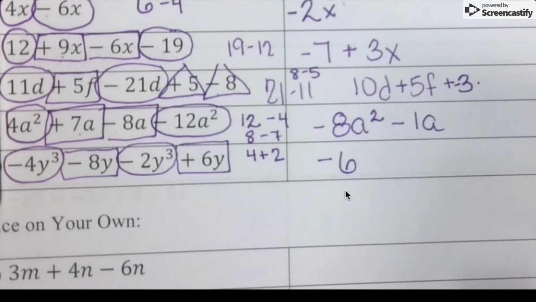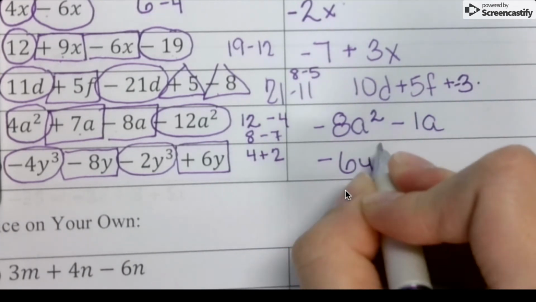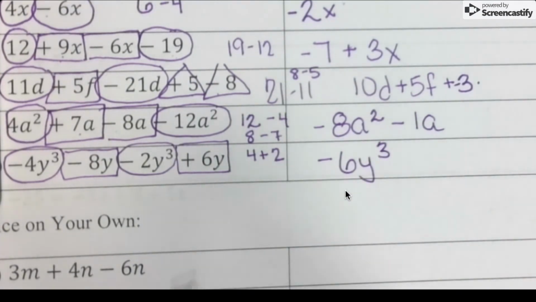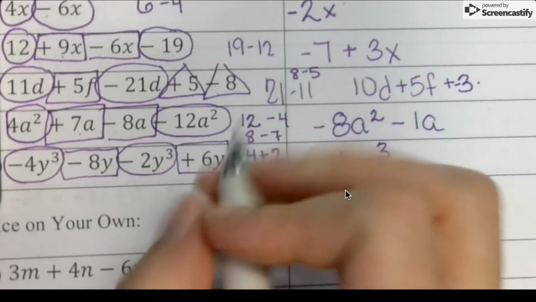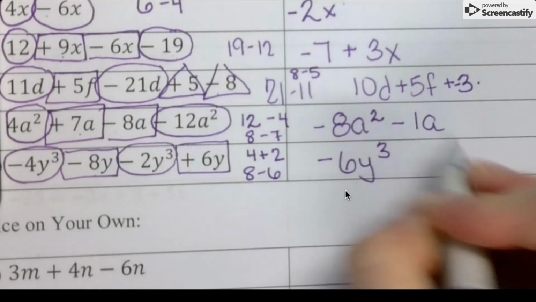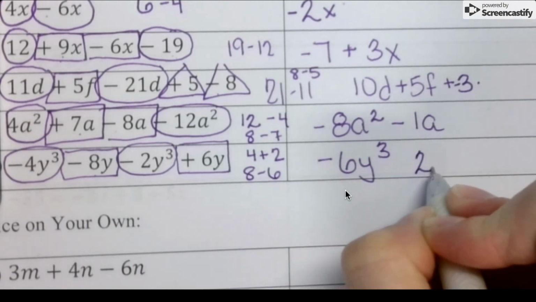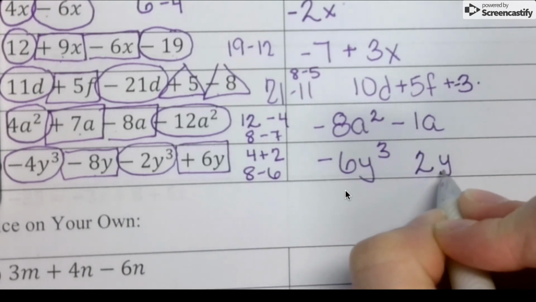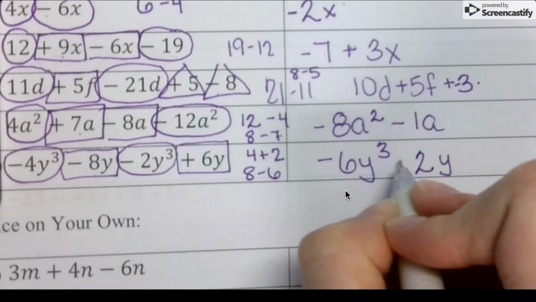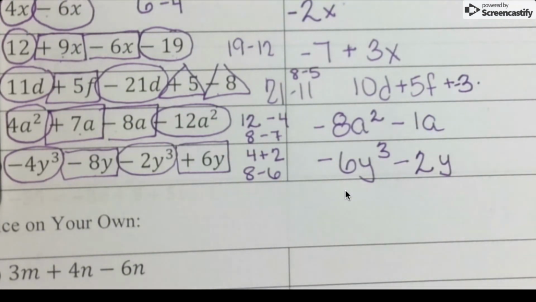They're both negative, so it stays negative. And then I just bring over my y cubed. Negative 8 plus 6, they're different signs. 8 minus 6 is 2. Bring over my y. 8 is farther from 0, so it is negative. Okay? So try those next ones by yourself.